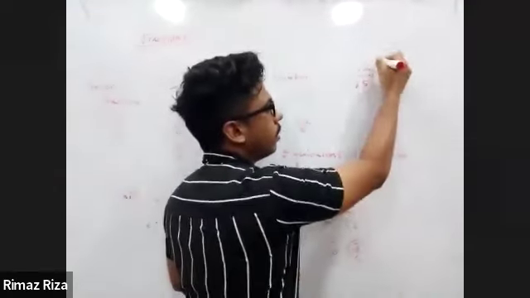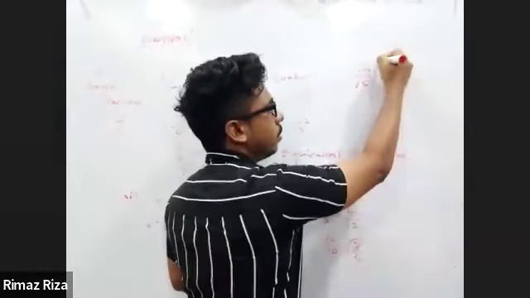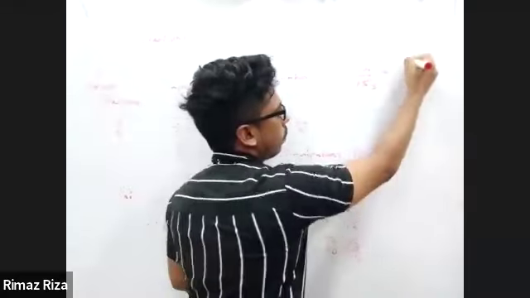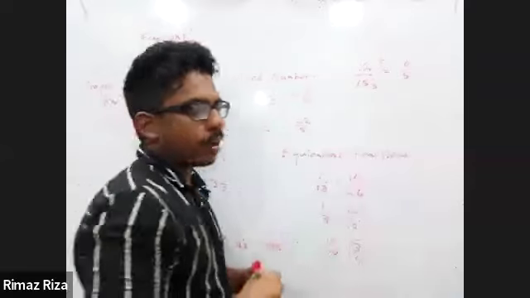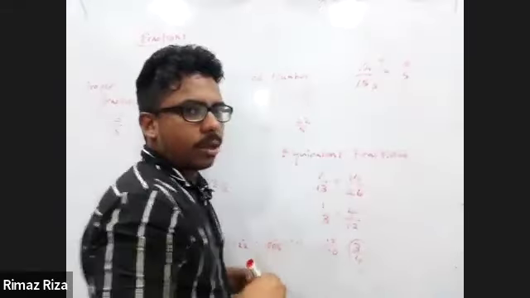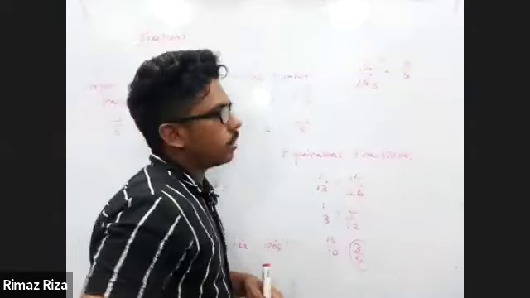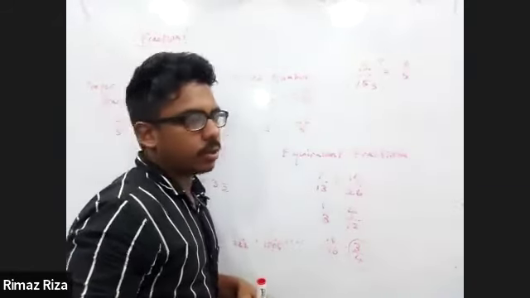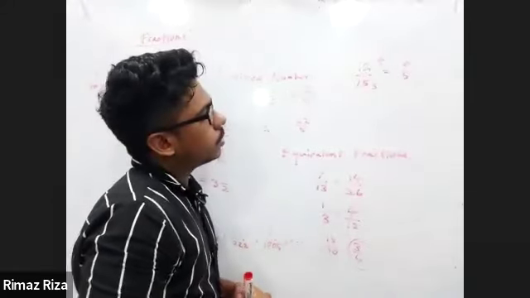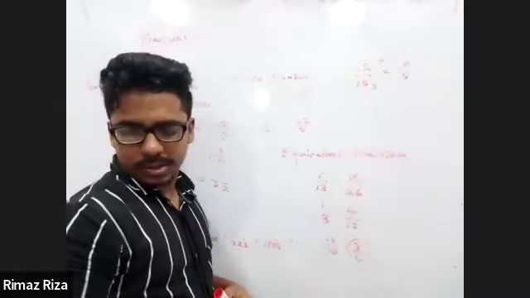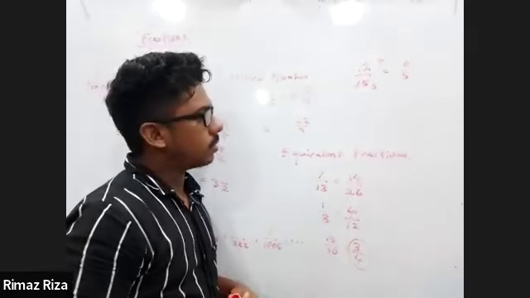Then you have to divide by 3. So if you divide by 3, you get 4 and 5. So 4 over 5. Also, I explained how to find the highest common factor. If you still have doubt, you can check the previous video, which I have already shared in the group. Okay. So those are the things that we discussed in the previous class.